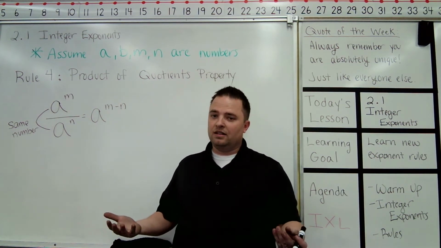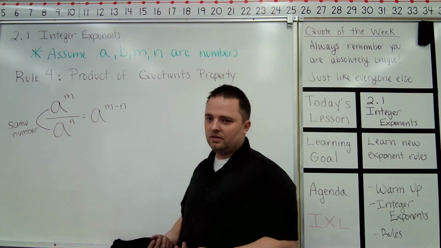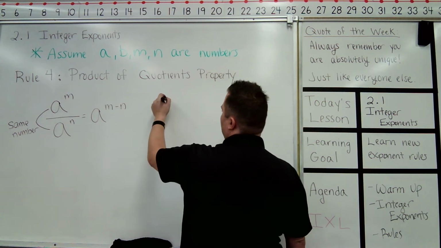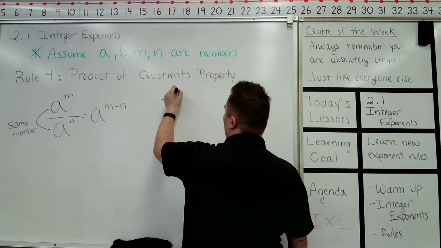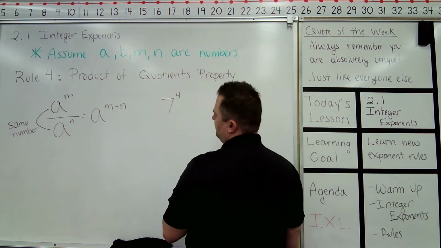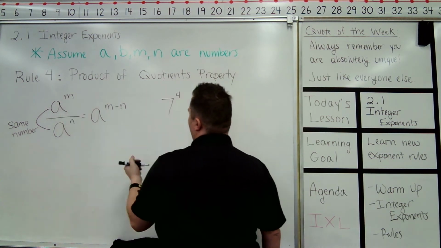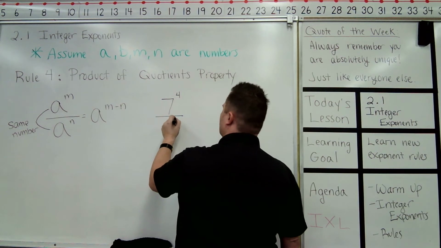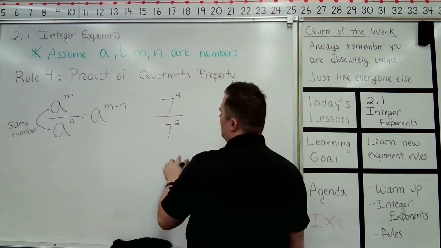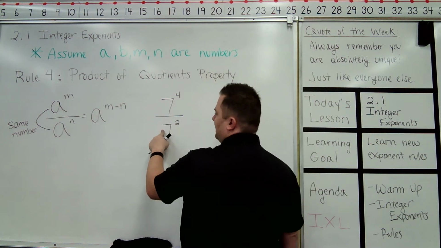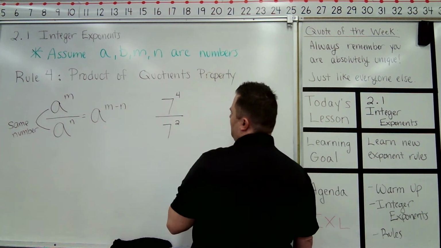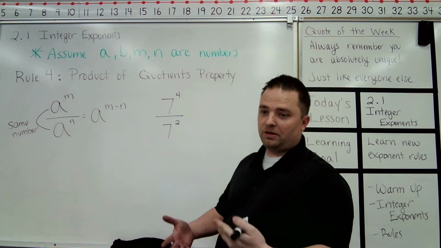Now let's provide some context with this. It makes no sense unless we provide context. So what would this look like? Well, let's just say we have 7 to the 4th power, so an a and an m, over 7 to the 2nd power, meaning I have the same base, the same number raised to 2 different powers. They could be the same power, but 2 different powers.